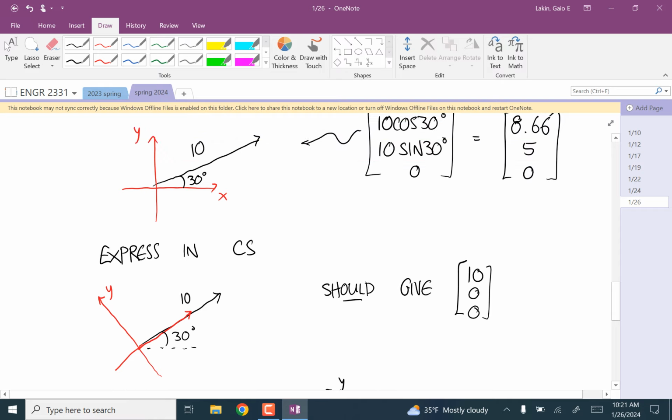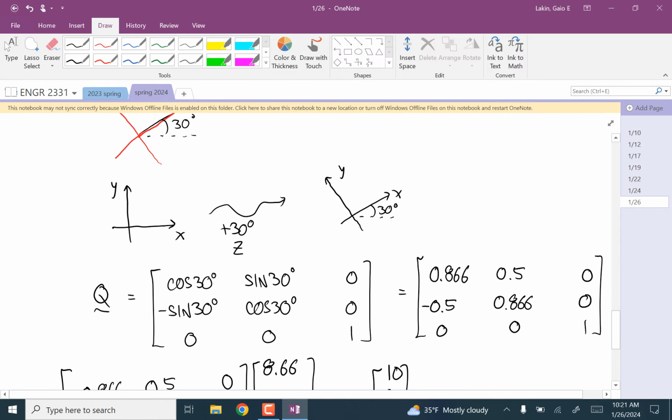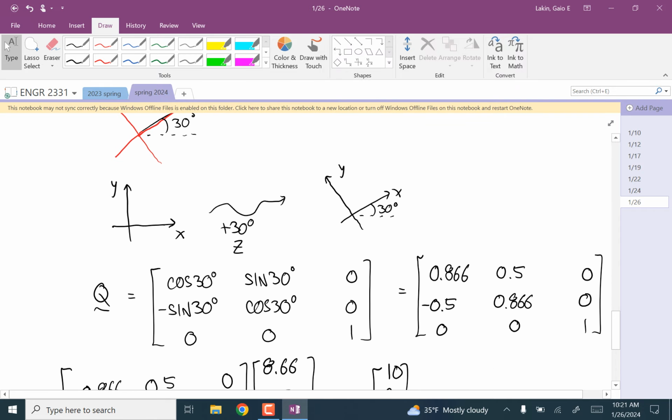Let's see it work in the example we just did. So this is our A coordinate system, this is our B coordinate system. The columns of the rotation matrix need to be these coordinate axes expressed in this coordinate system. So the first column is this x-axis expressed in this coordinate system.